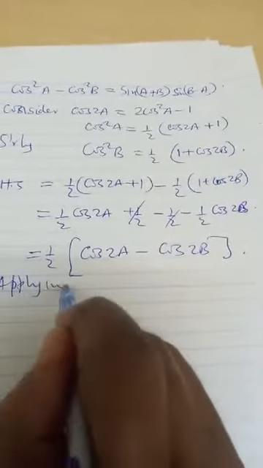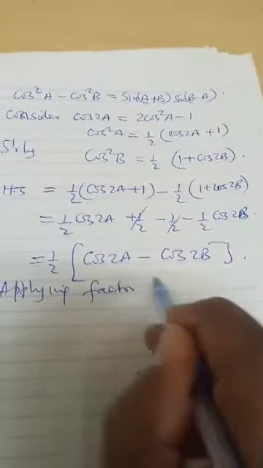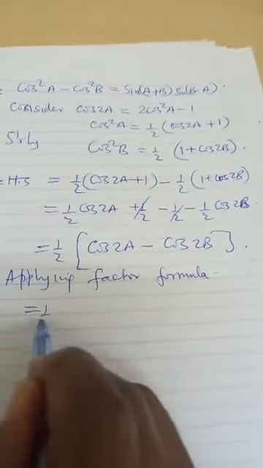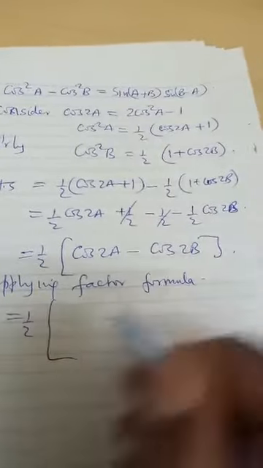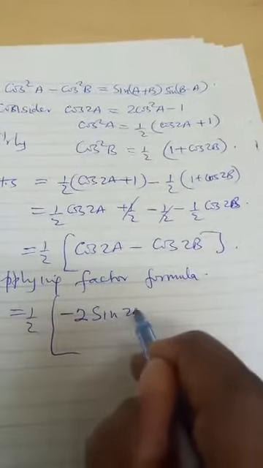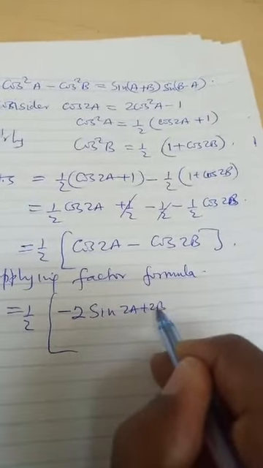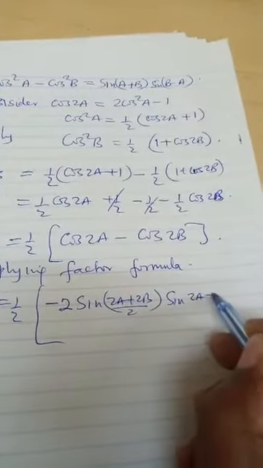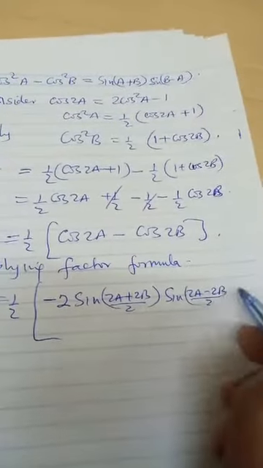Applying the factor formula on the bracketed part, I will get a half. Cos minus cos is minus 2 sine of (2A plus 2B) over 2, sine of (2A minus 2B) over 2.